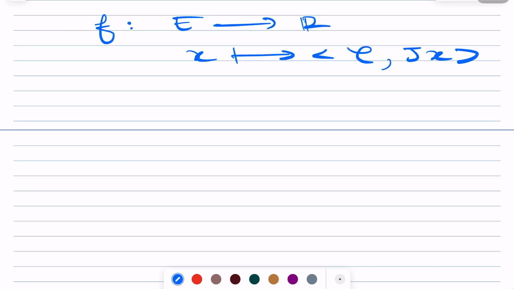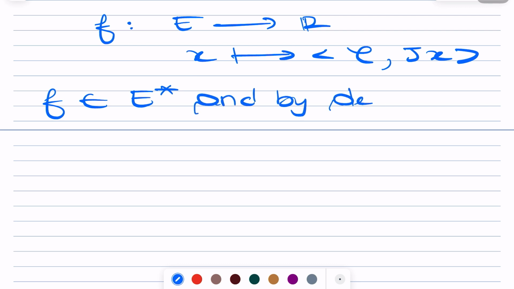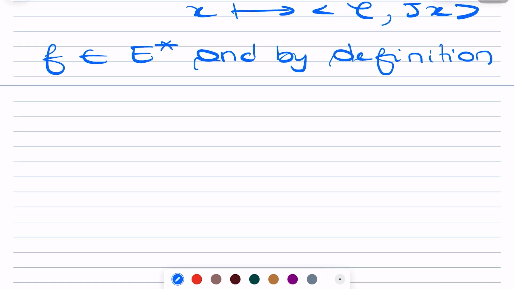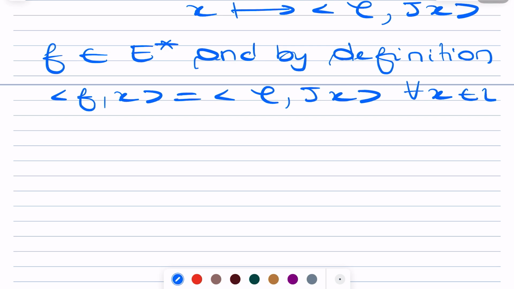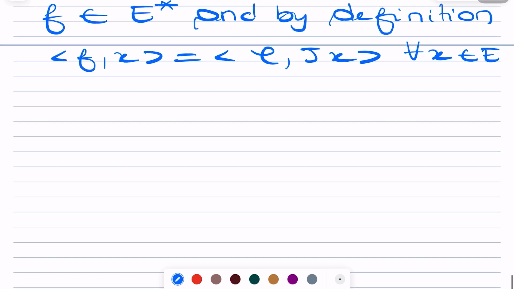So f is obviously an element of the bidual, right? And by definition, f of x, the dual pairing, is phi of Jx for every x in E.